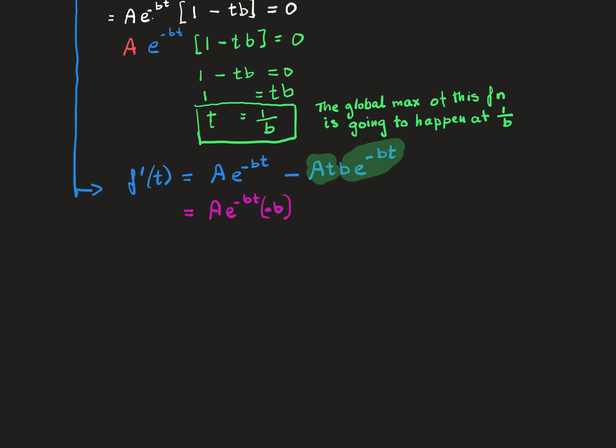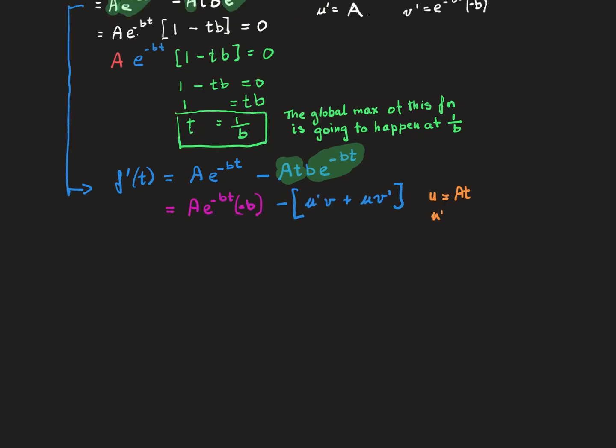And now we're going to do the second part of it over here, which will be basically u dash v plus u v dash, where u equals at, u dash equals a, v equals b e to the minus bt, and v dash equals, which can be simplified into minus b squared e to the minus bt.